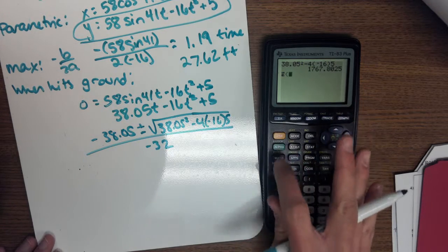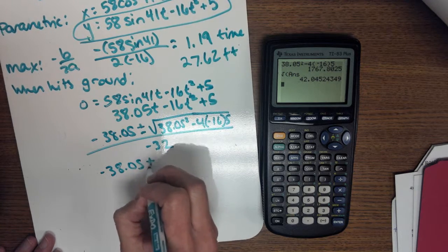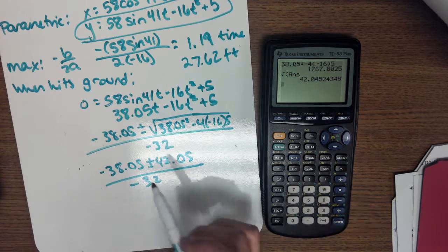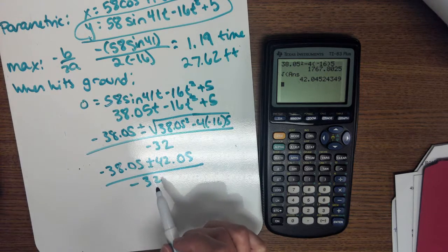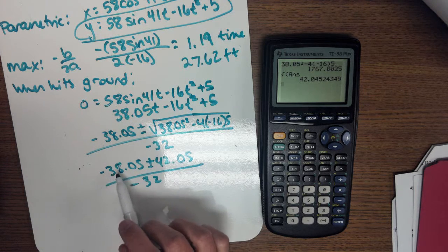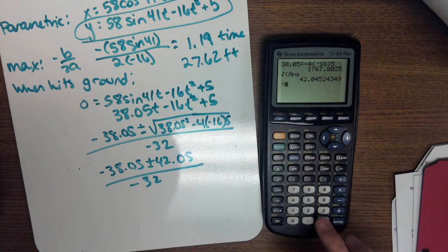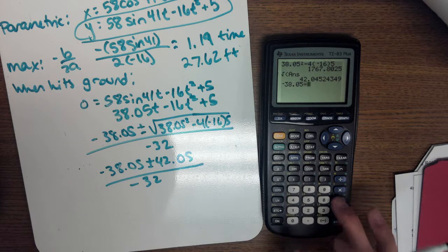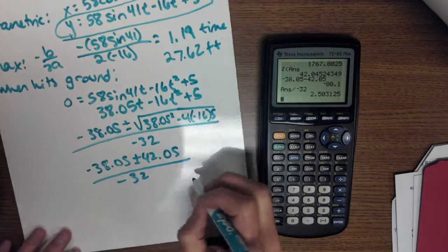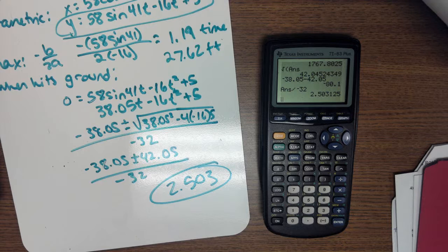That gives me negative 38.05 plus or minus 42 over negative 32, and technically you have two equations, but I'm dividing by a negative and solving for time, so I need to find a positive time. I'm not going to do negative 38 plus 42 because that's going to give me about 4 divided by a negative, not going to happen. So I'm going to do negative 38 minus 42 divided by negative 32, and that tells me 2.503 seconds is when it will hit the ground.